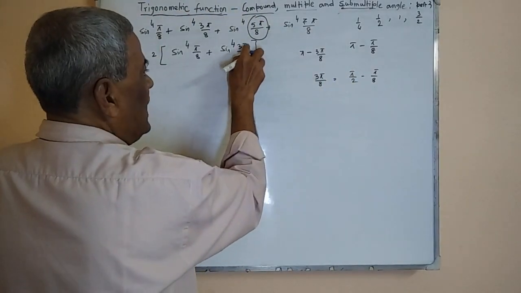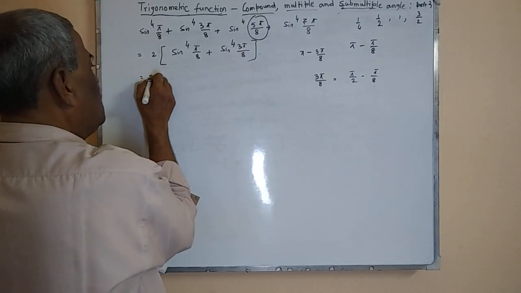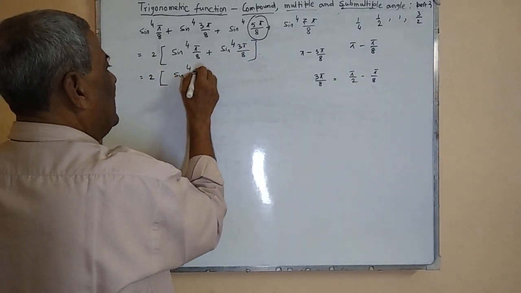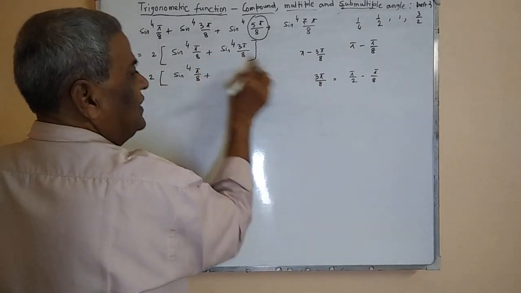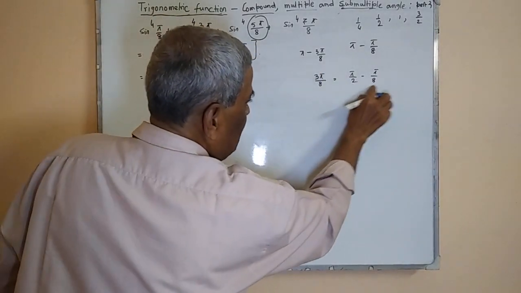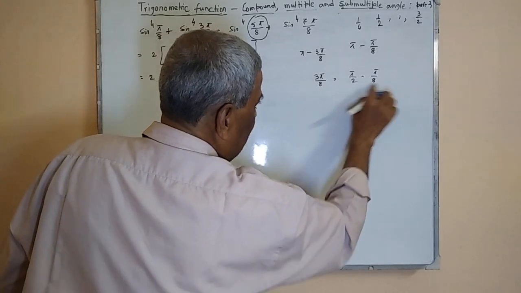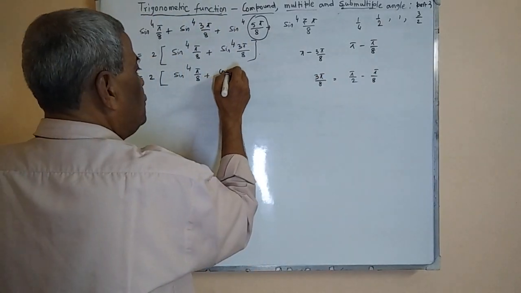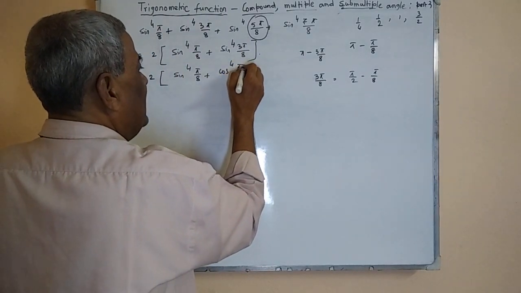So this is equal to sine to the power 4 pi by 8 plus sine of this angle, which is cos of pi by 8, so cos to the power 4 pi by 8.